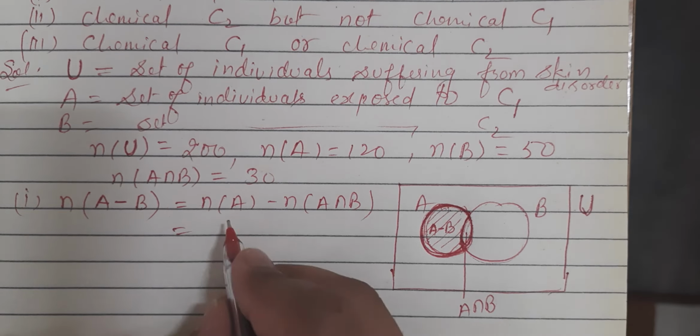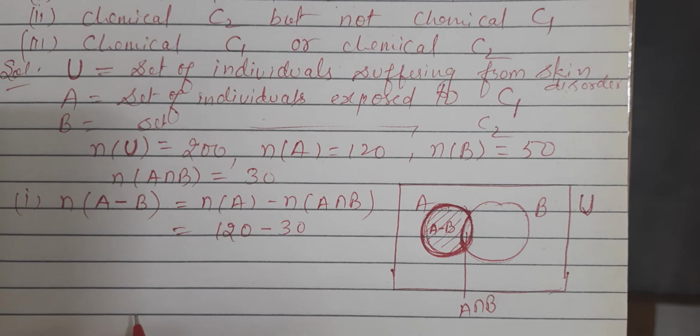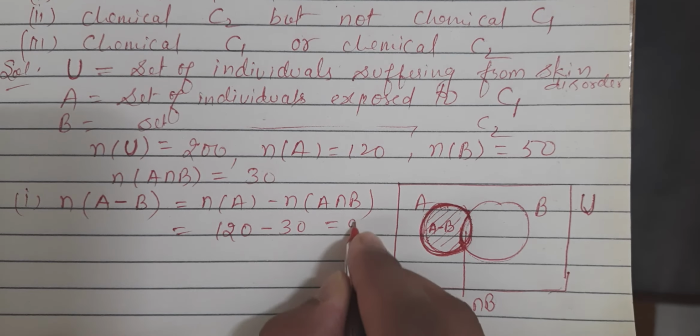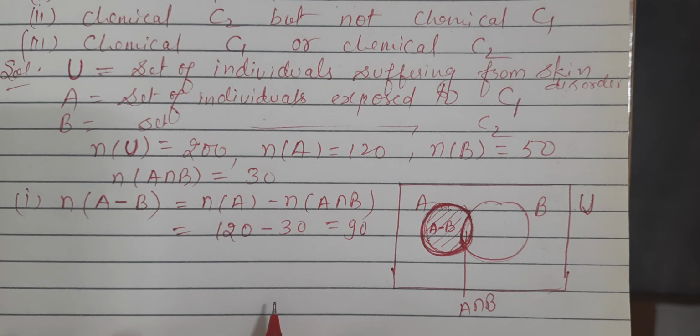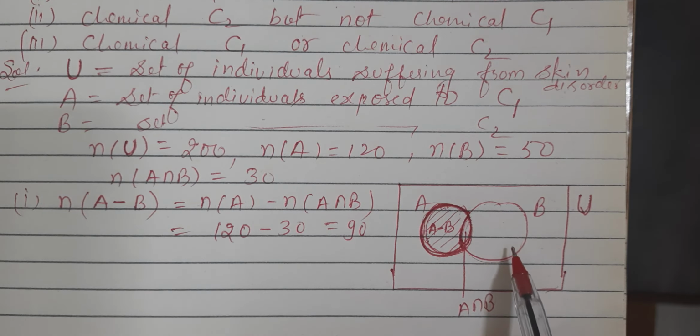Now n(A) is given 120, and the intersection is given 30. The answer is 90. So there are 90 individuals who are exposed to chemical C1 but not chemical C2.